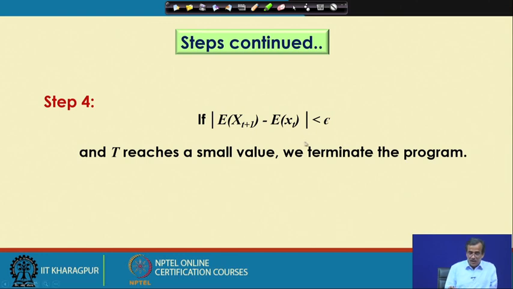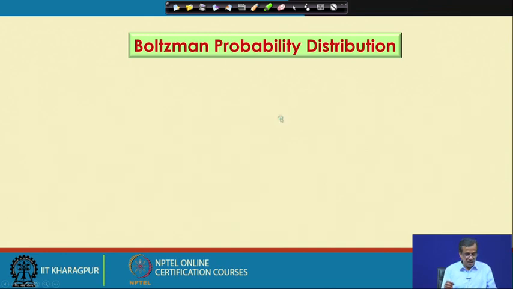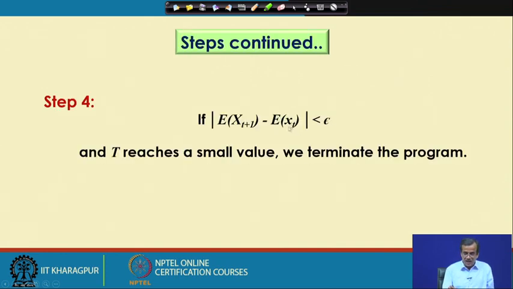Now, actually we just want to check the termination condition. Step 4: if the mod value of the difference, that is E x t plus 1 minus E x t. So, this will be capital X t, there is a small mistake here, this will be E capital X t.